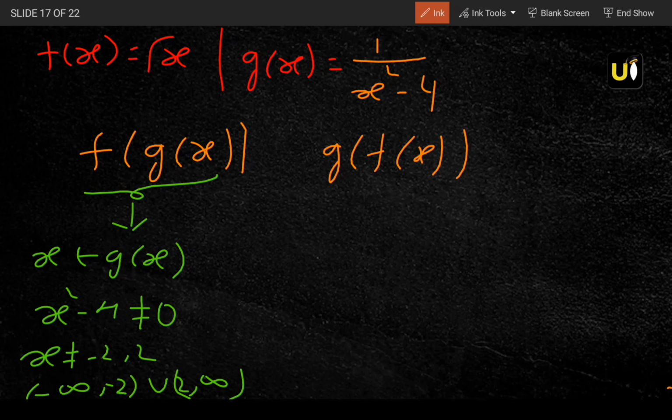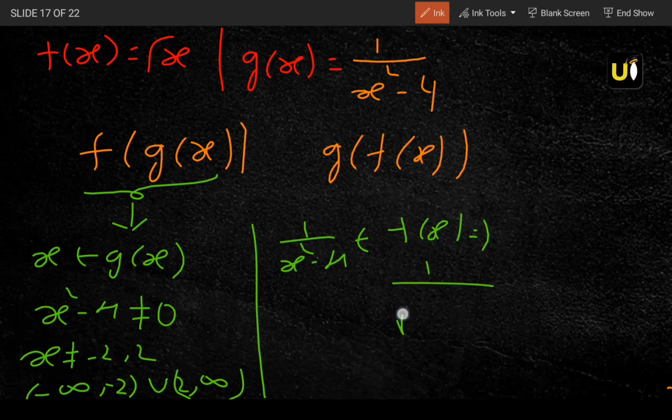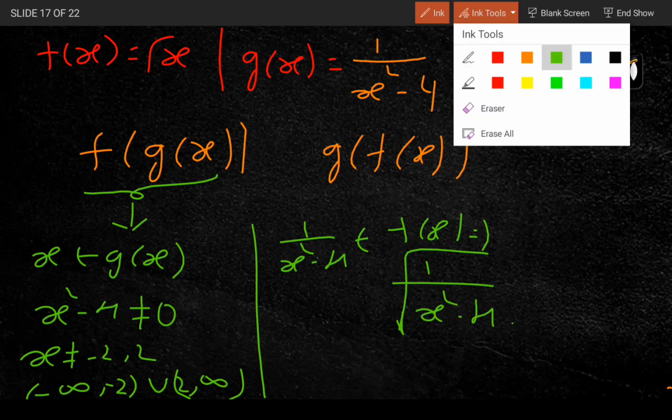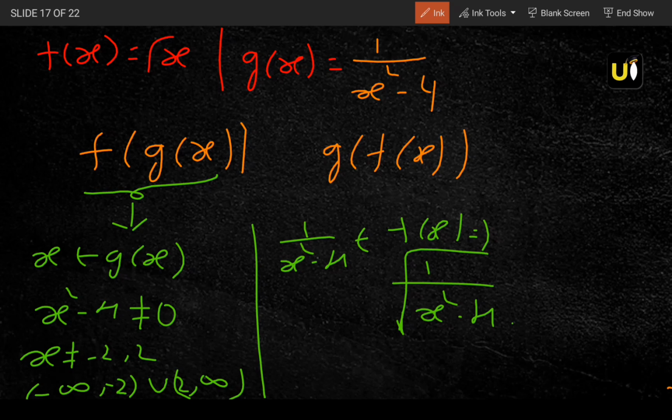Now this g of x function, see, this g of x is 1 by x square minus 4. This must be in the domain of f of x. That means this will be root over 1 by x square minus 4. So here for the root functions, the main thing is this term must always be greater than 0 and it must be defined.